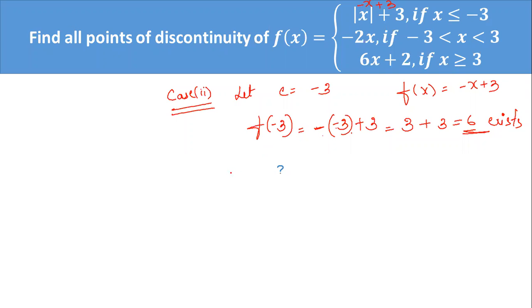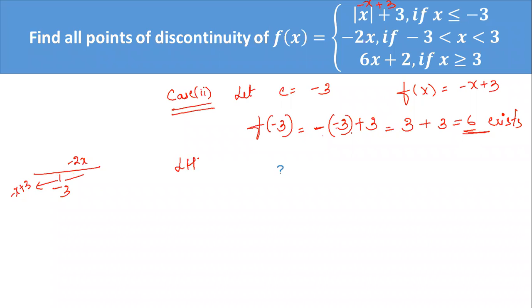Yes, because less than minus 3 the function is minus x plus 3, greater than minus 3 the function is minus 2x. So immediately to the right of minus 3, slightly greater than minus 3, the value is minus 2x. Slightly less than minus 3, the function is minus x plus 3. So it changes. So we have to find the left hand limit and right hand limit.